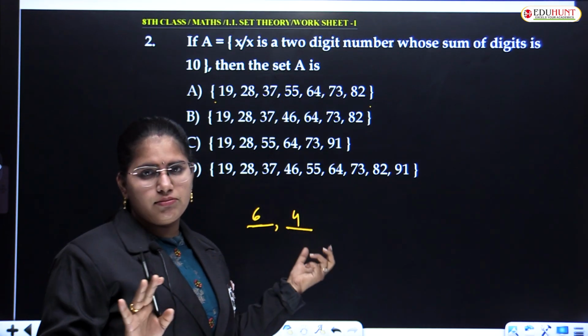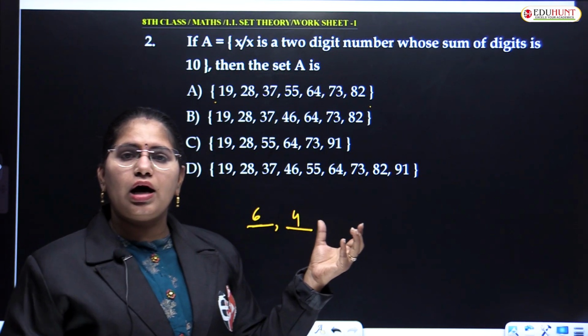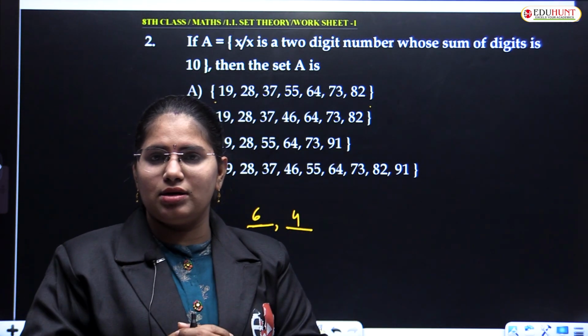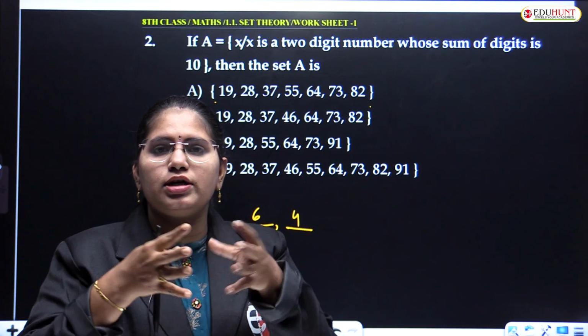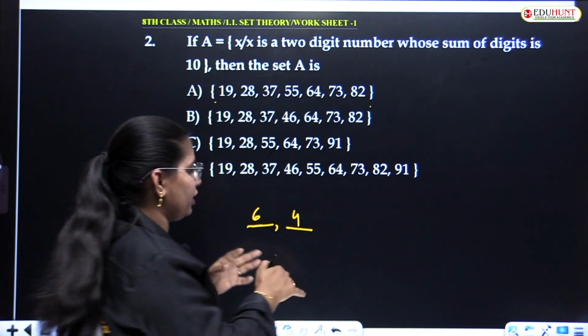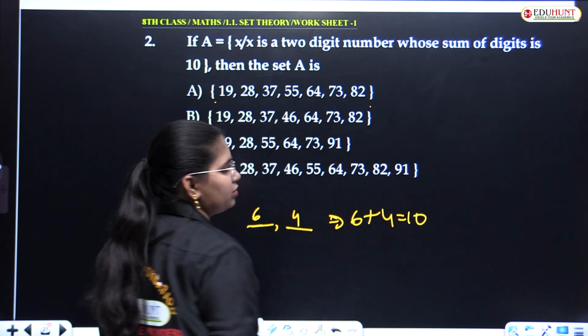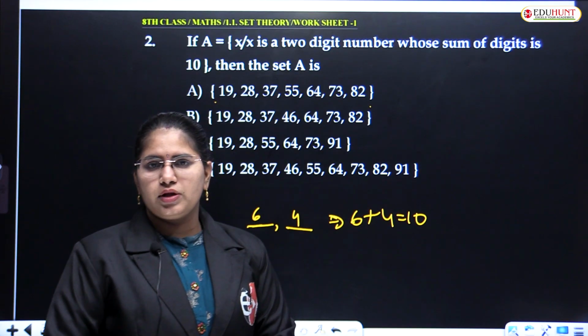For example, I am telling you this is a 2-digit number 64, right? From that 2-digit number, if you add the 2 digits, what are the 2 digits? 6 and 4, right? So 6 plus 4 is equal to 10 over here.